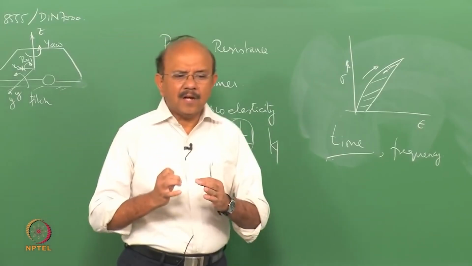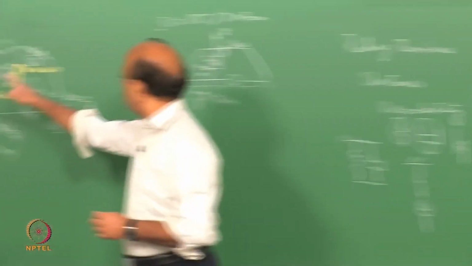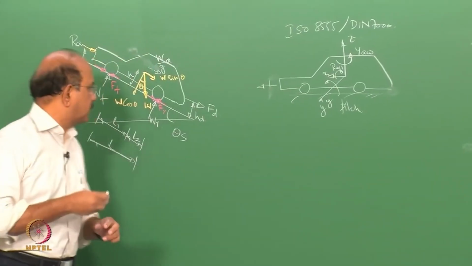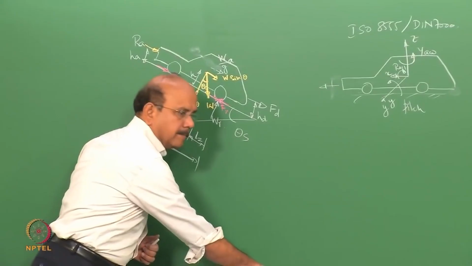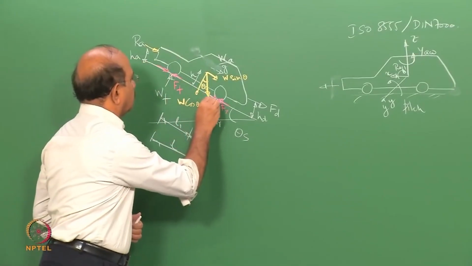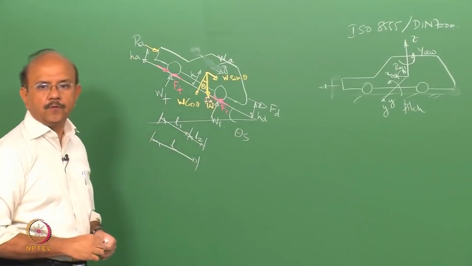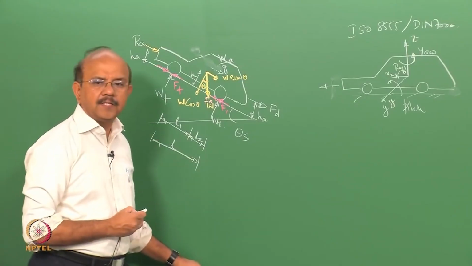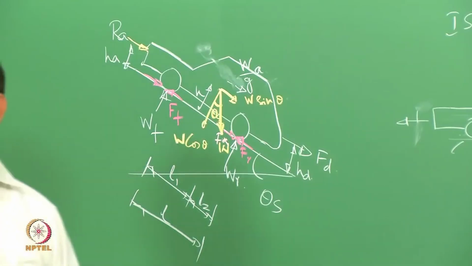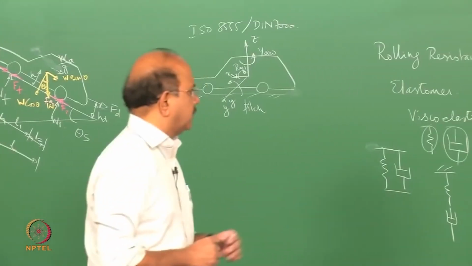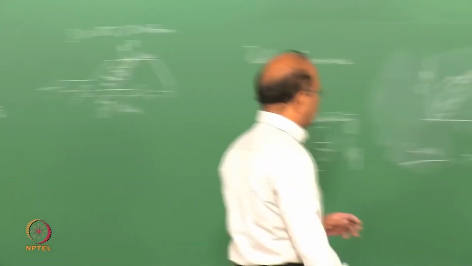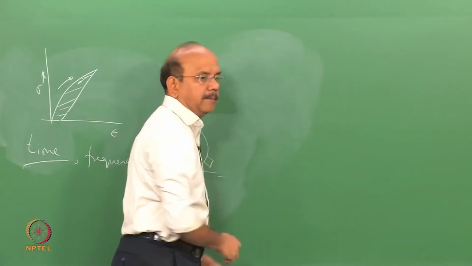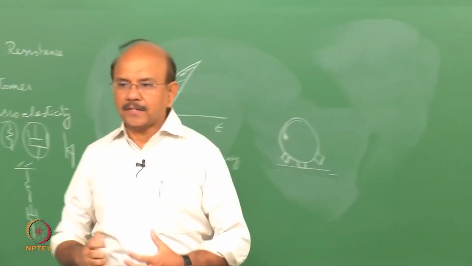Now, let us understand, how did I get this force? I said that there is a rolling resistance force, which let us call Fr, rolling resistance force. It can be the front and the rear. So, how did I get this as a force? In order to understand this, we have to look at what is called the contact patch of the tire.